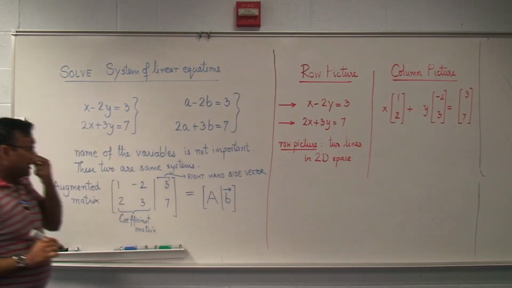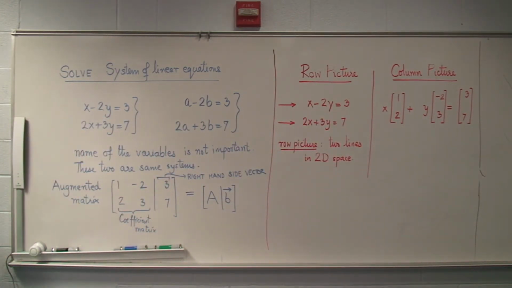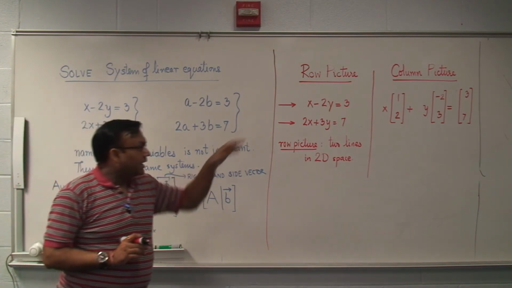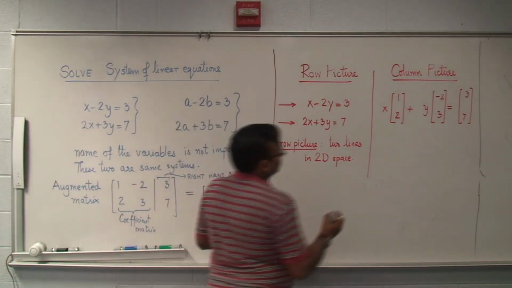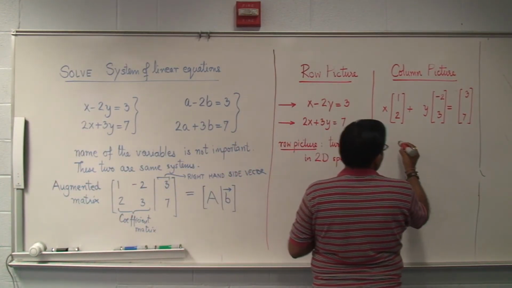So let's ask ourselves, can I not write the system of equations as an interpretation of 2 vectors scaled appropriately to give me the right hand side vector?